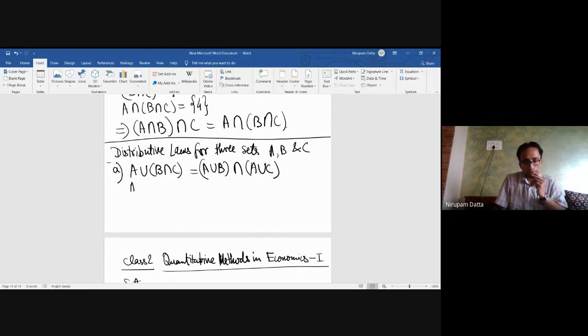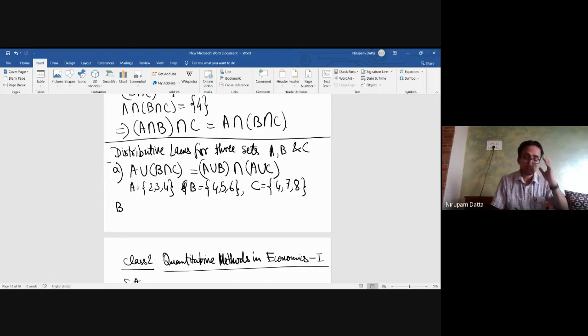So again, let us look at the examples. A is 2, 3, 4. B is 4, 5, 6. C is 4, 7, 8. So B intersection C, what are the elements?